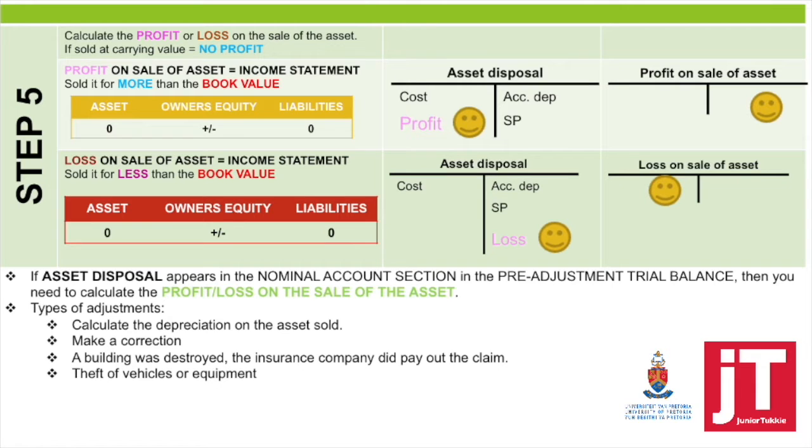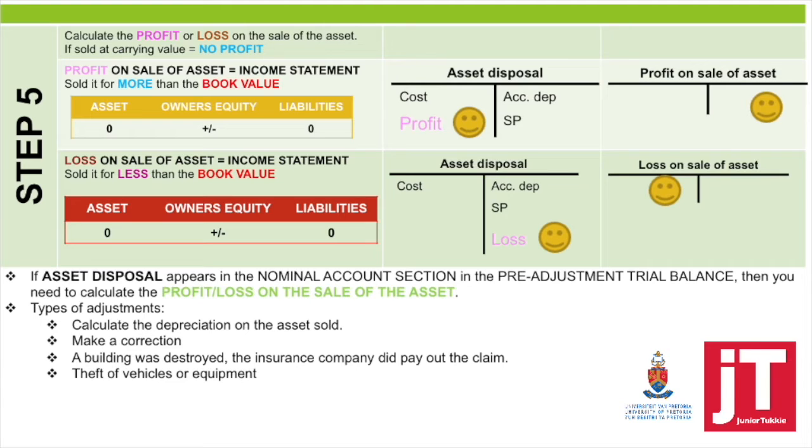Some tips. If you see asset disposal appears in the nominal account section in the pre-adjustment trial balance, it means that you only need to record the selling price so that you can calculate the profit or loss on the sale of the asset. Types of adjustments which you can expect in grade 12 are to calculate the depreciation on the asset sold, or make a correction.